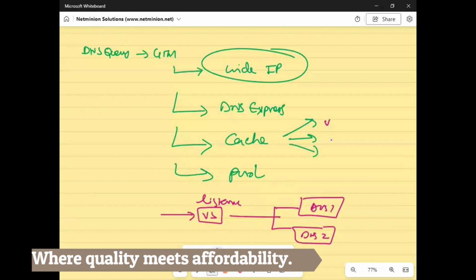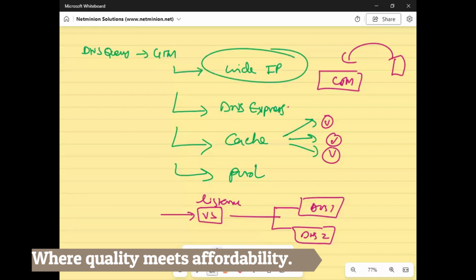Or you can configure the cache. So cache is very important. With DNS Express, you transfer the whole zone onto the GTM. So in accelerated DNS resolution there are plenty of options available that we will touch in our lab part also.